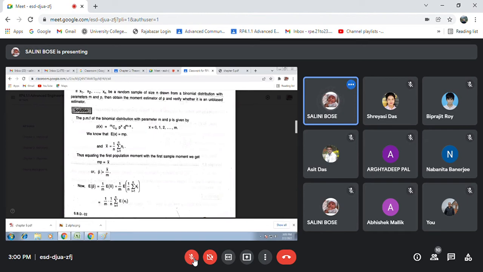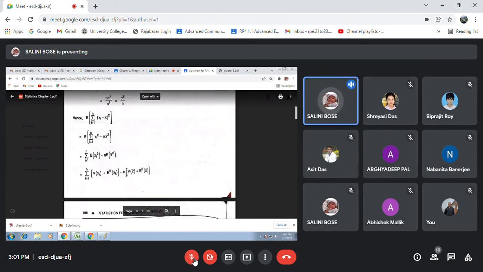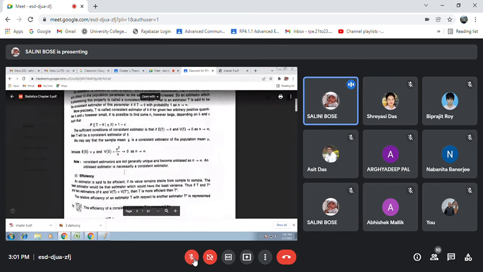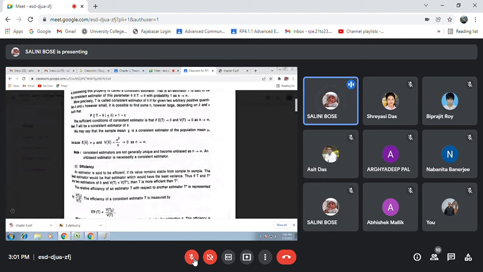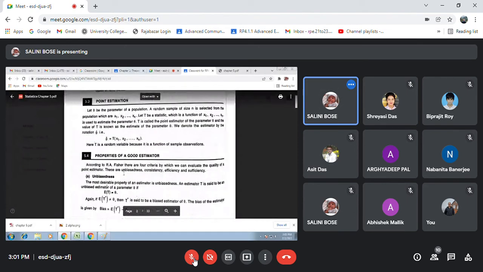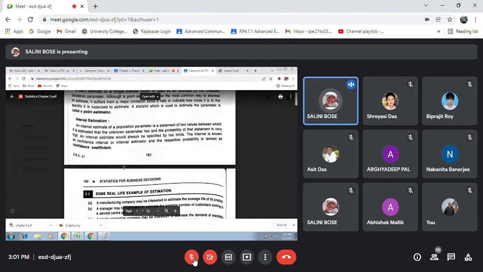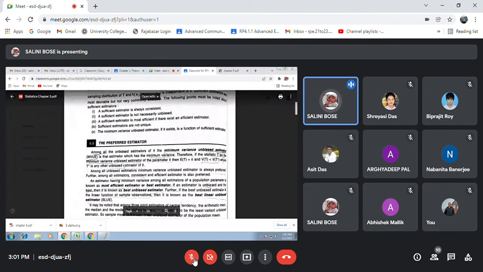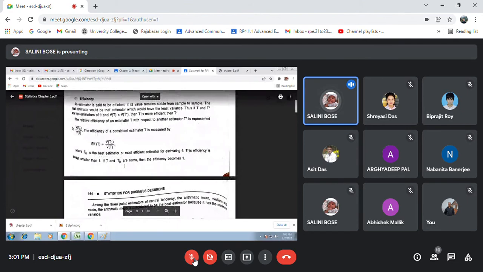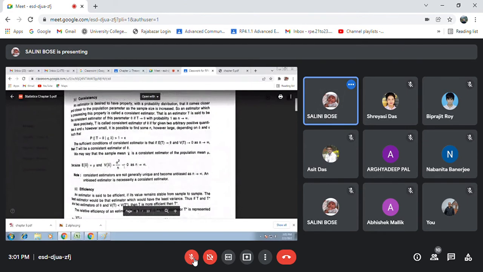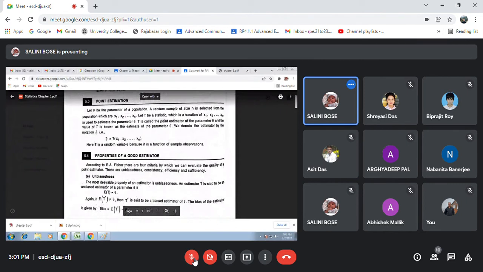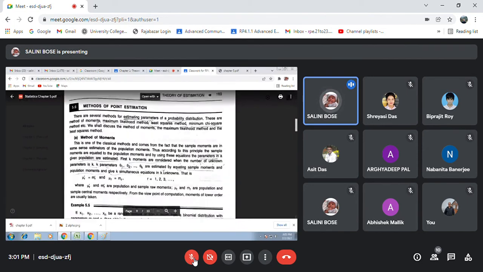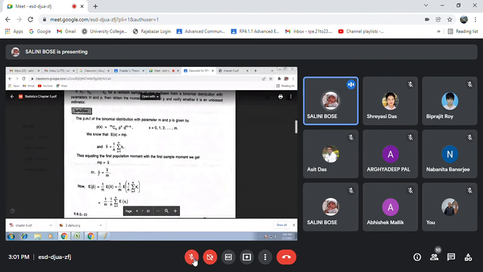Because, as we know from the beginning of this lecture, we use the cap to denote the estimator. Don't confuse with this. So just write P cap is equal to X bar by M from this formula.